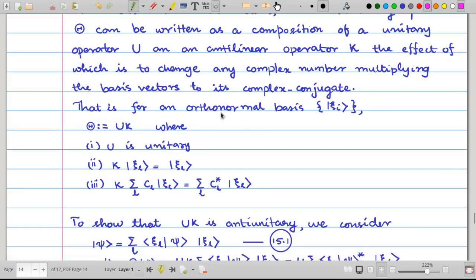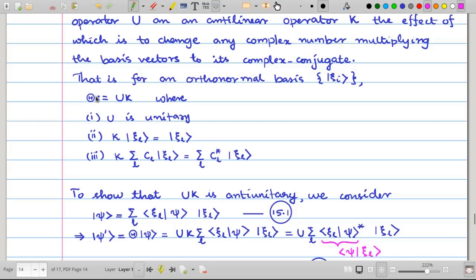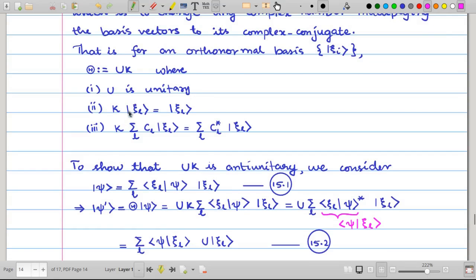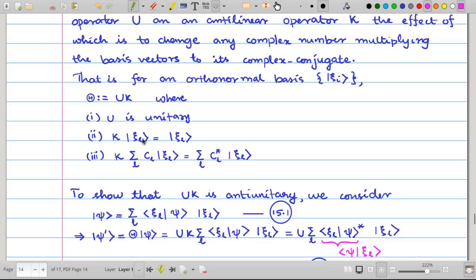Now, suppose we have an orthonormal basis given by kets |c_l>. Now, we can always take the anti-unitary operator theta to be U times K, where U is unitary and K acting on the chosen basis vectors leaves those vectors unchanged.